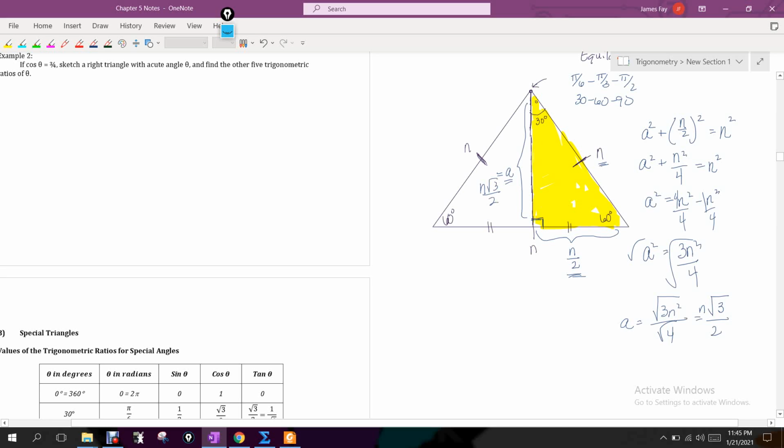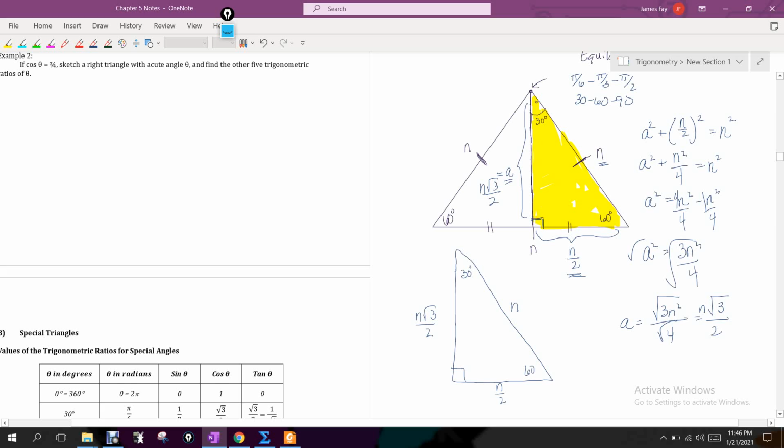Then if we look at this yellow triangle right now, what we have is n radical 3 over 2, we have n, and we have n over 2. And this would be the 60-degree angle, and this would be the 30-degree angle.